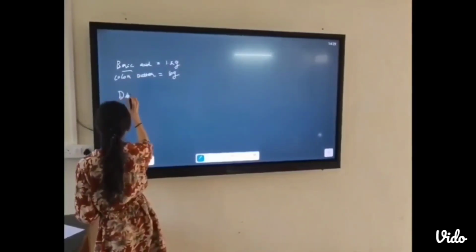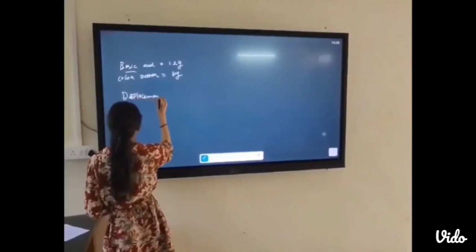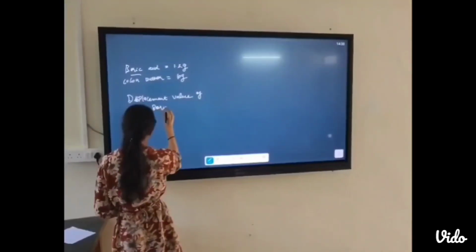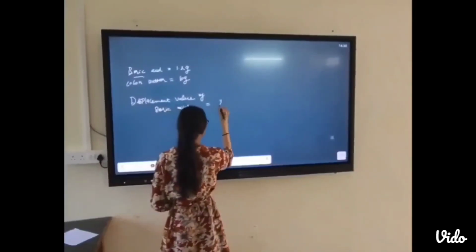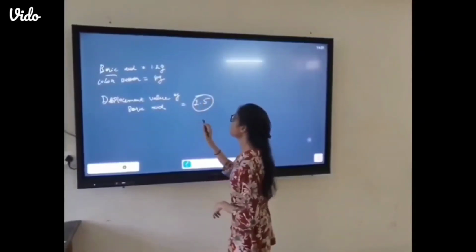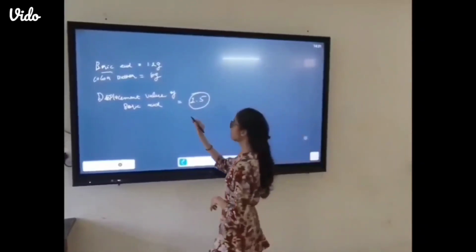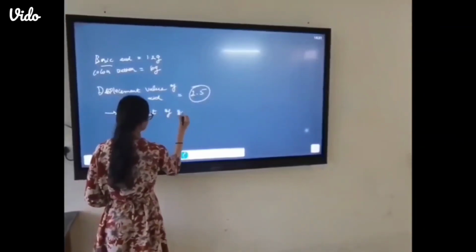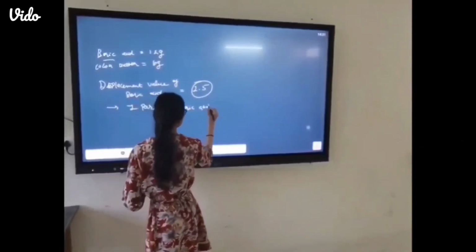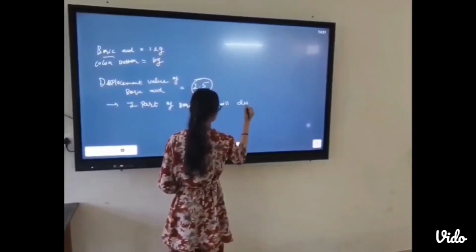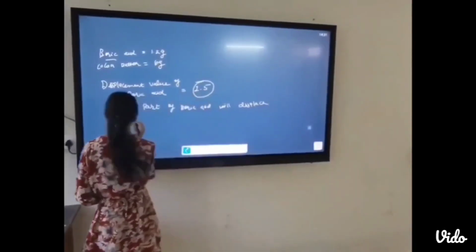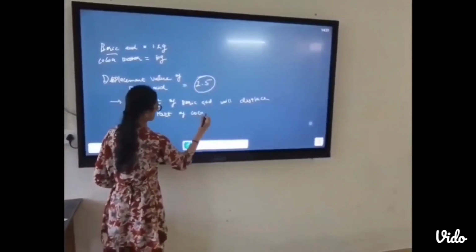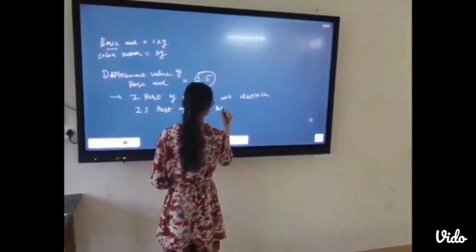The displacement value of boric acid is 1.5. It means 1 part of boric acid will displace 1.5 part of cocoa butter base.